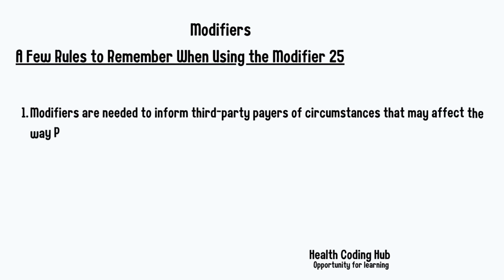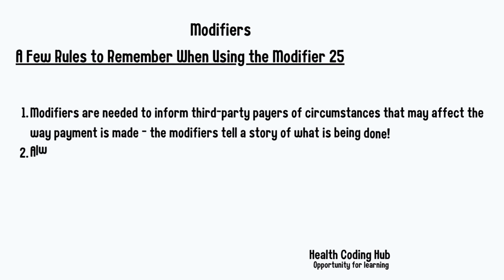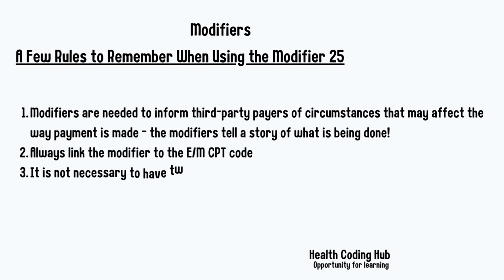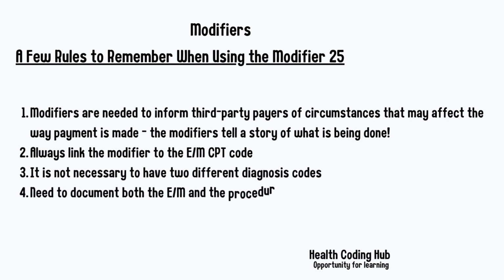A few rules to remember when to use modifier 25. As per the NCCI General Coding Guidelines, modifier 25 may be appended to the E&M service reported with minor surgical procedures. Minor surgical procedures are procedures with a 0 to 10 day global period. Since minor surgical procedures include pre-procedure, intra-procedure and post-procedure work, the provider should not report an additional E&M service for this work.